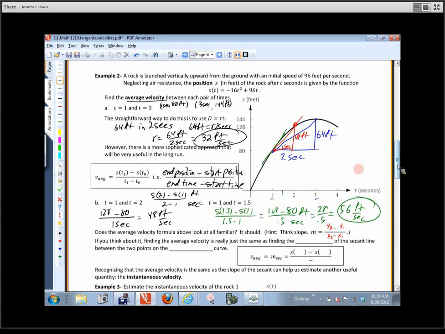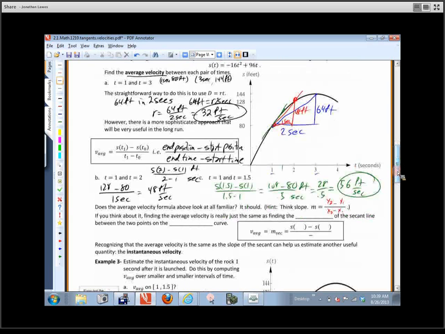Okay? All right. So let's take a look at this. Again, this average velocity formula is just like finding the slope. In fact, we can draw a picture of what it looks like and how we'd find slopes on this position curve. Okay? So finding the average velocity is a lot like finding the slope of the secant between 2 points.